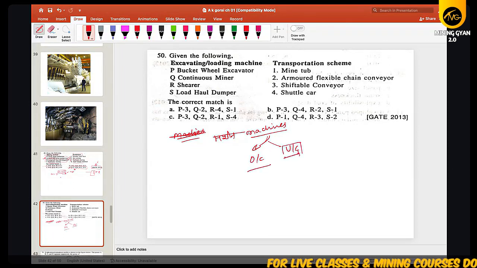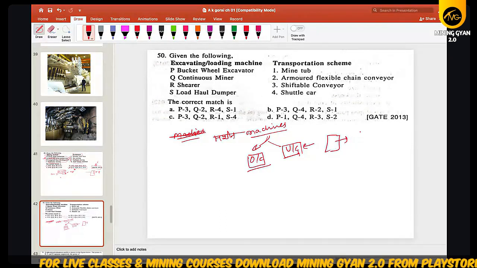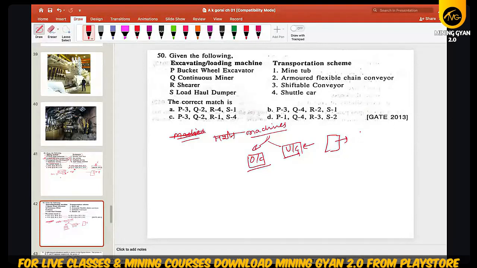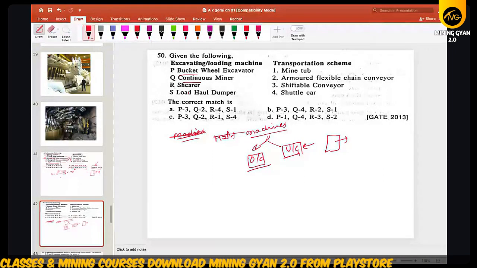Okay, at least watch the video, search on Google or YouTube and read about it in DJ Deshmukh. So you will get some information about that machine. What is the bucket wheel excavator, continuous miner, shearer, LHD?